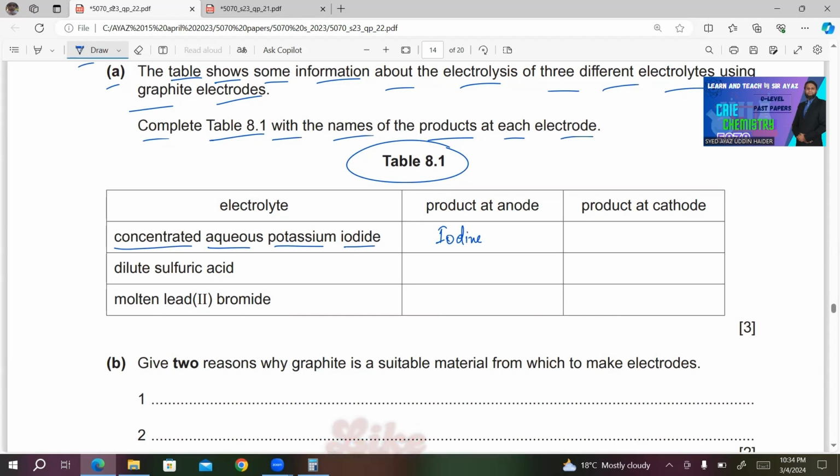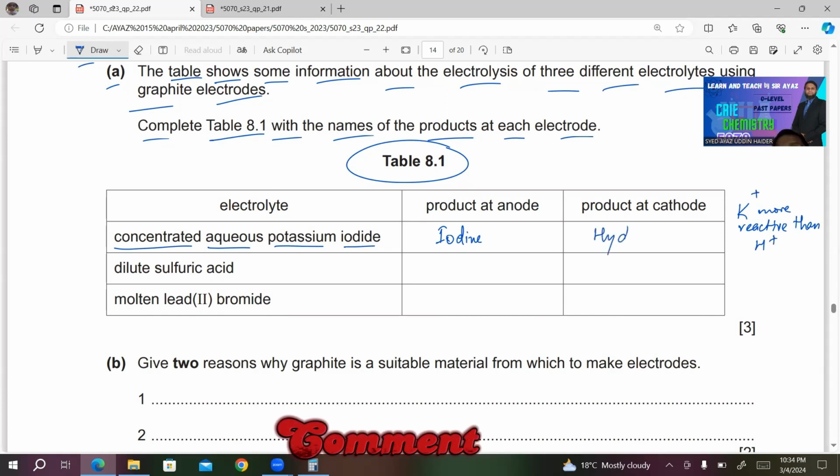Potassium is more reactive than hydrogen. K is more reactive than H positive ion. So we'll get hydrogen gas at cathode. The other reason is that K positive ion has high difficulty of discharge or low ease of discharge.